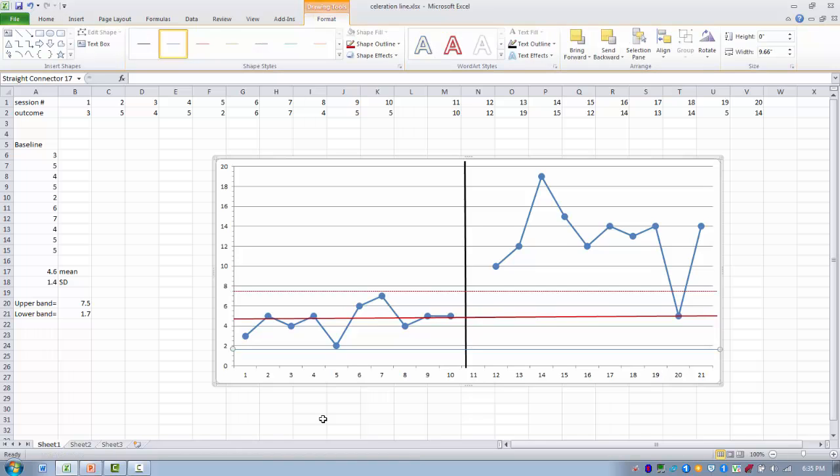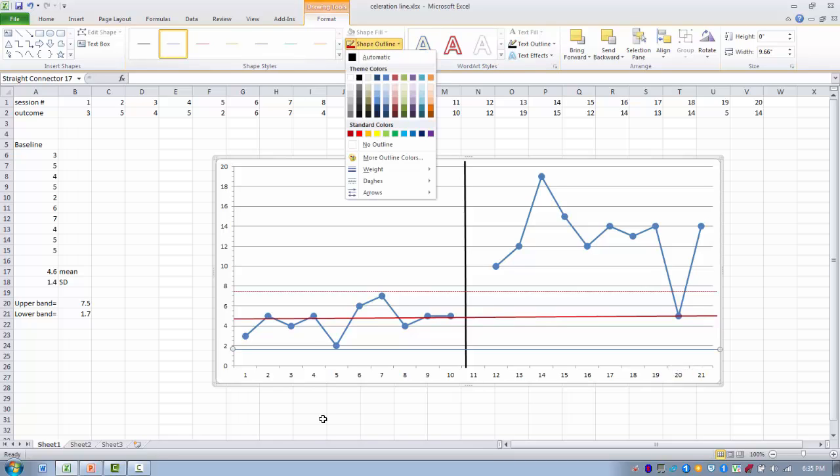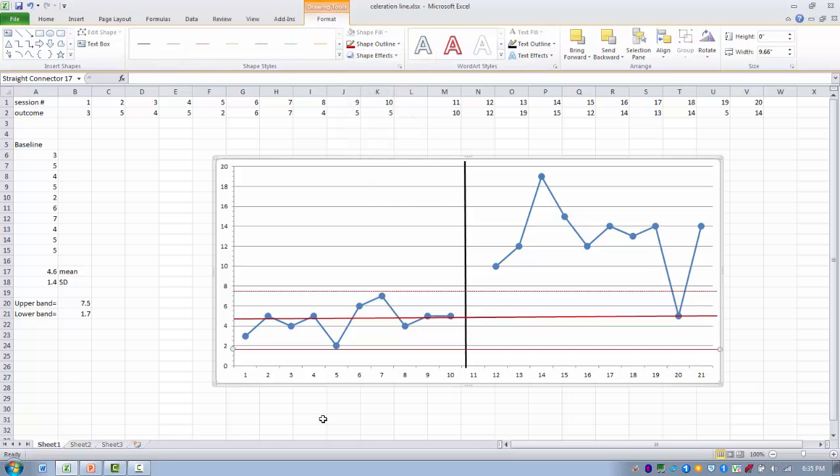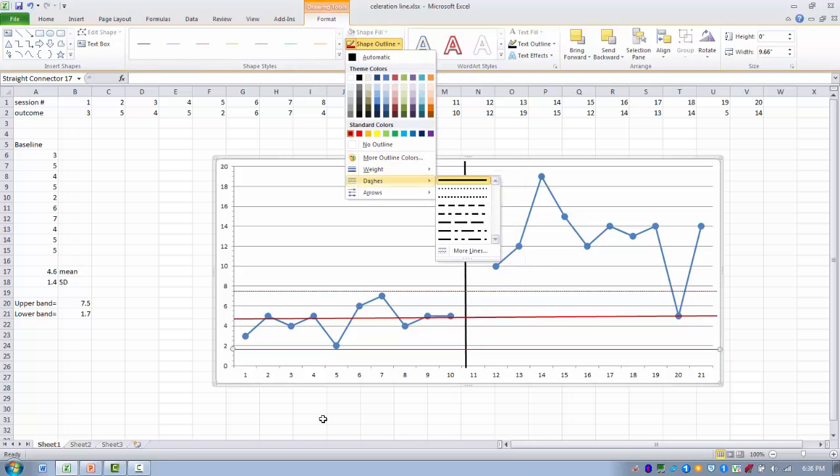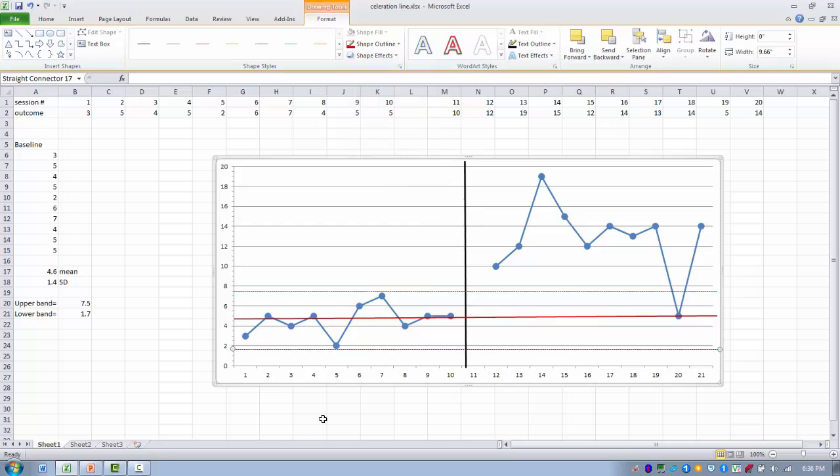And I'll again format that to be red and dotted, or a dashed line. Okay, so here's my two standard deviation band.